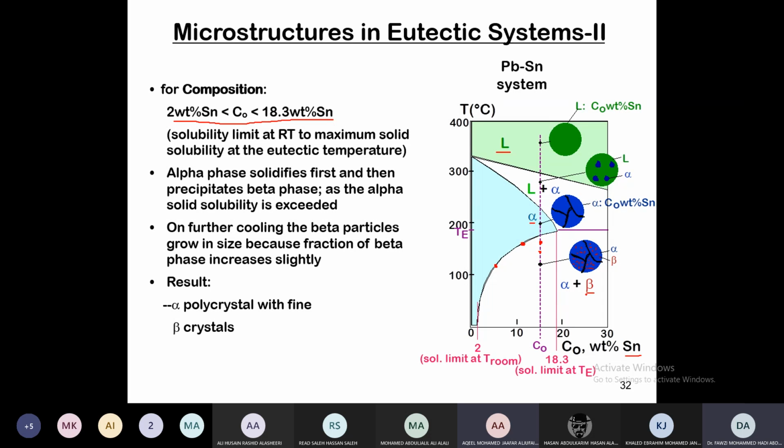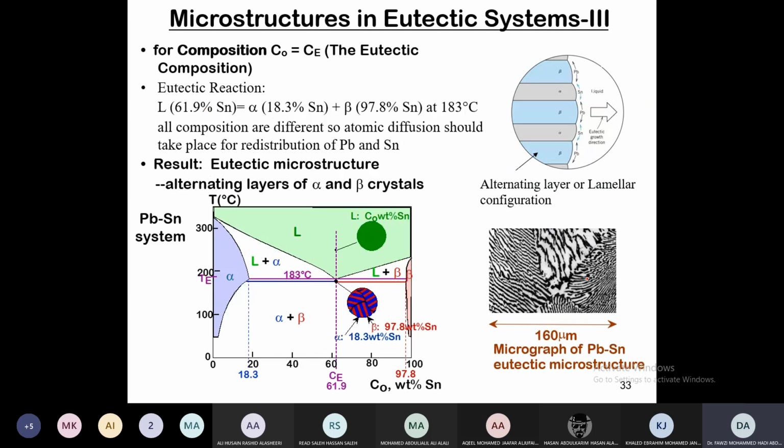I mean weight fraction, you can say that, but we are now looking at microstructure, how it develops. Very logically, I'm very simply explaining it here. How this microstructure develops here. As you come down, the solubility reduces, the other phase beta is going to form. Very simple. Let's go to the next one.